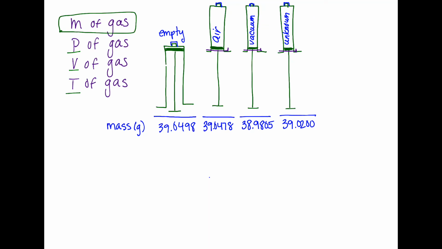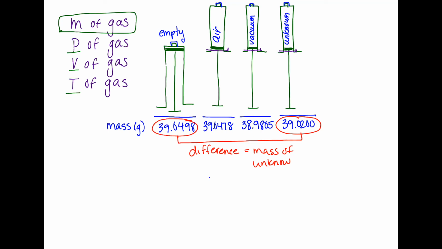If we're trying to find the mass of the unknown gas, we could take the difference between these two. So what we're doing is we're taking the mass of our unknown gas in syringe and cap and nail, and we're subtracting out the mass of the syringe, the cap, and the nail.